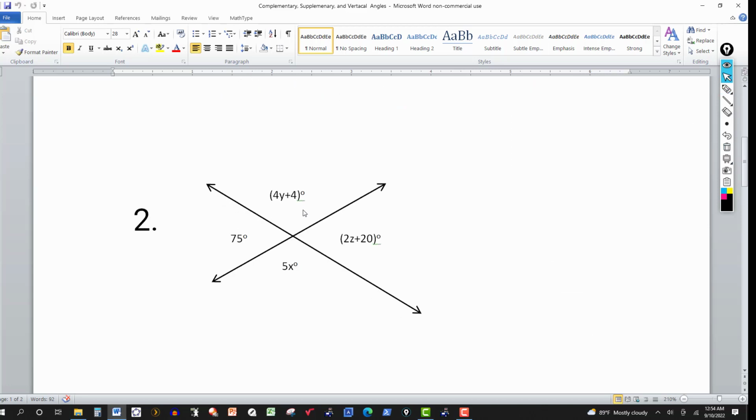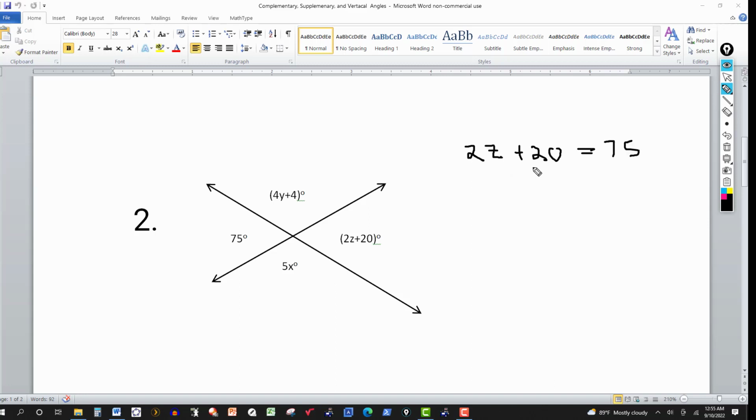Again, similar problem. We can look at some of the angles are linear pairs. We have some that are complementary. Not complementary, but vertical angles. So in this one here, I could just say this. 75 and 2z plus 20, you can see that those are vertical angles. So I can set those equal. 2z plus 20 should be equal to 75.